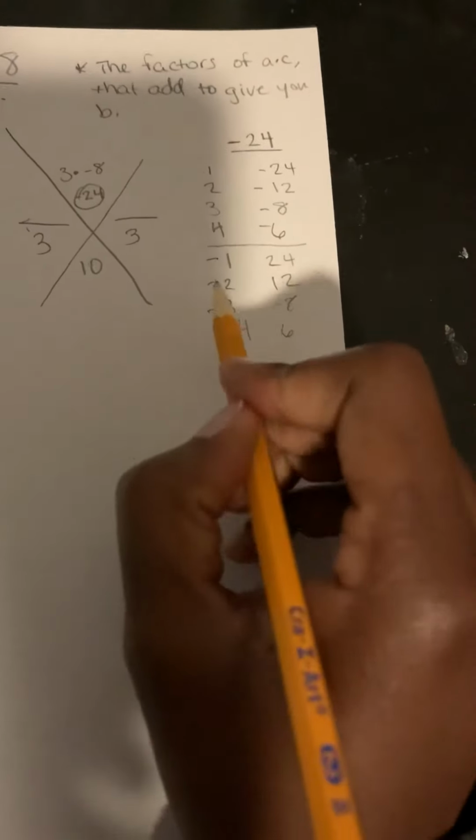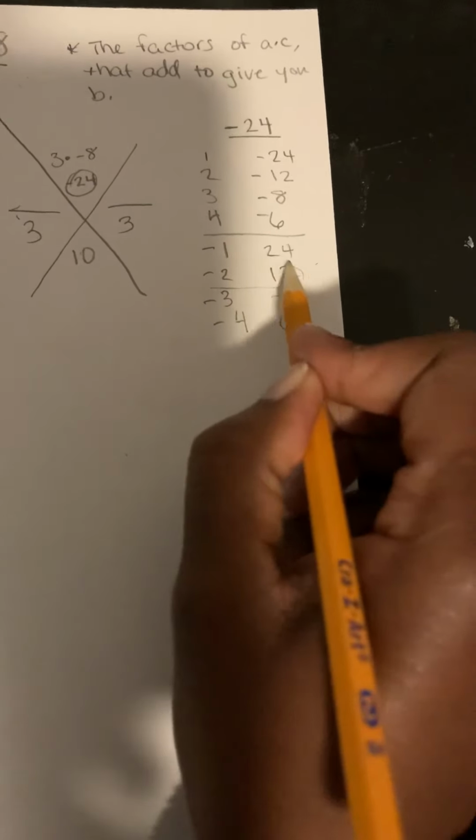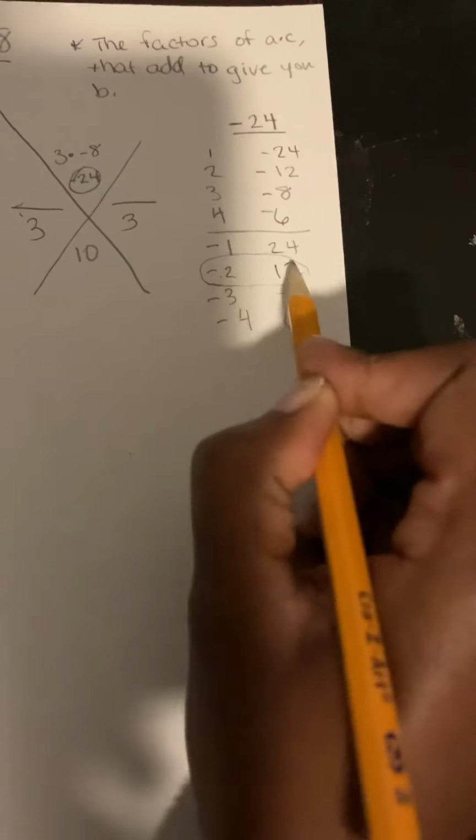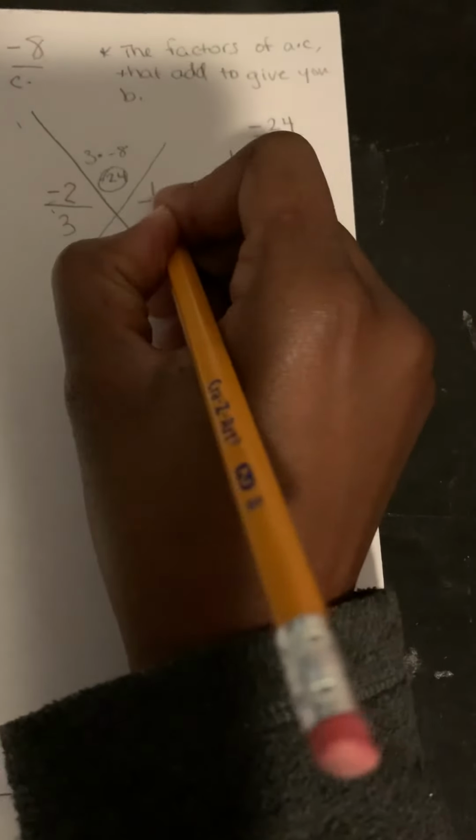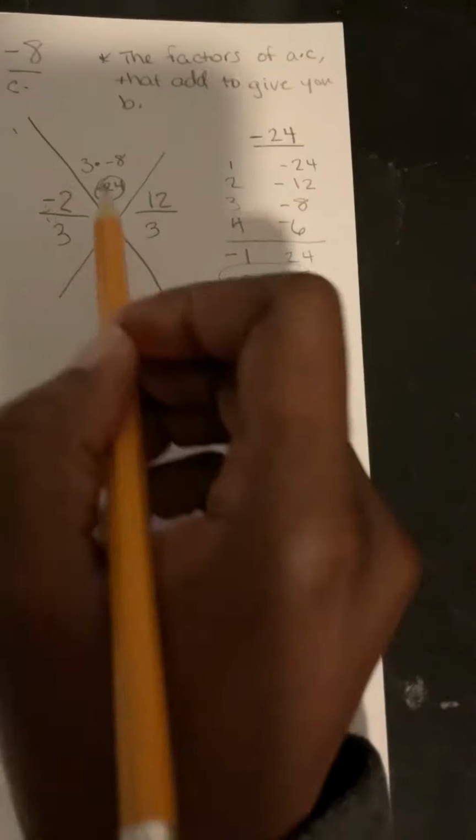You want to find the pair that adds to give you positive 10, and that would be negative 2 and 12, because negative 2 plus 12 is positive 10. It doesn't matter which one you put where. You could have put 12 and 2, but I just keep it the same so it's simple.